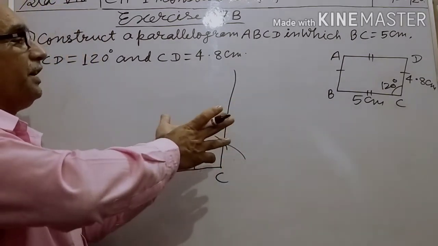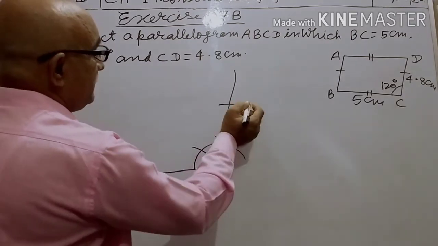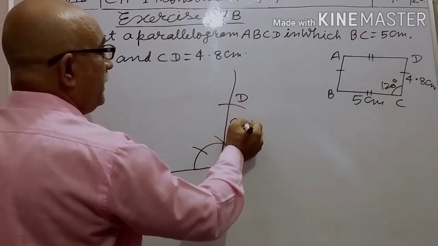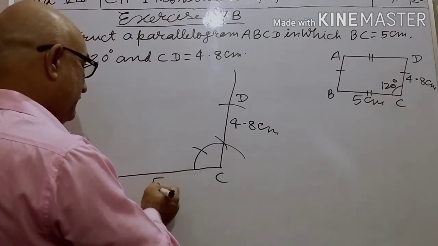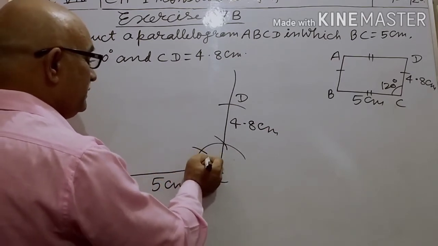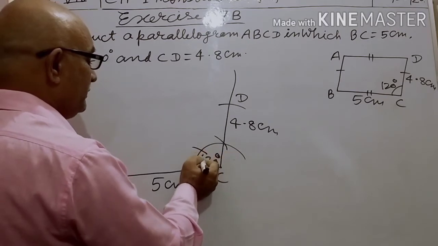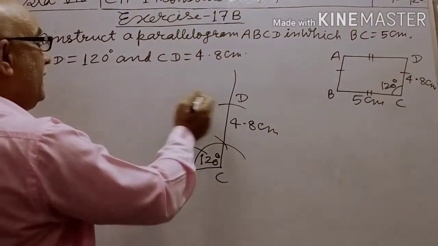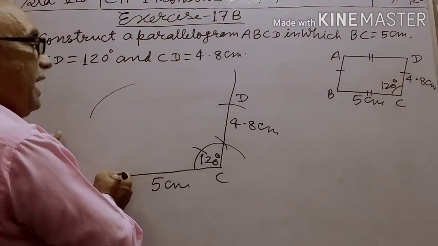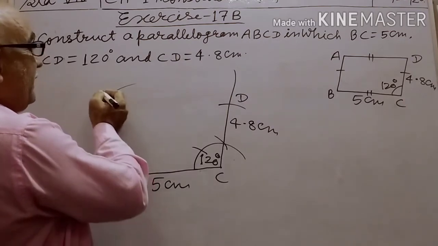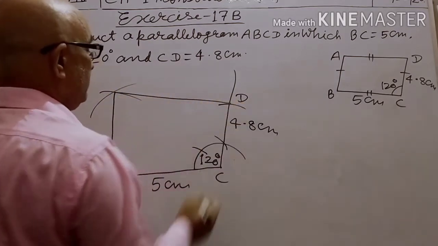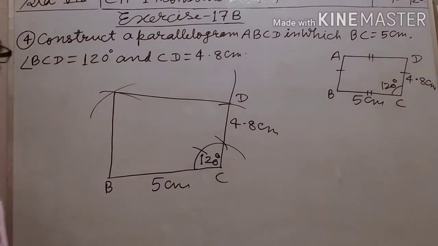Take an arc CD 4.8 cm and cut here D. Here BC is 5 cm and this angle is 120 degree. Now from D, AD 5 cm and AB 4.8 cm, midpoint, and the parallelogram is complete. Students, understand and construct it.